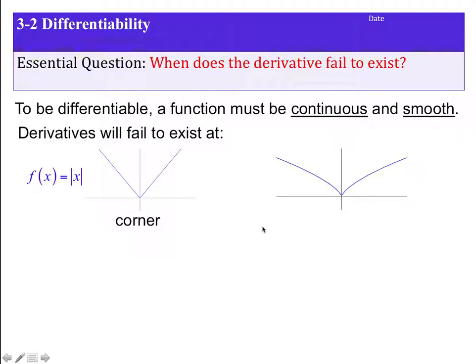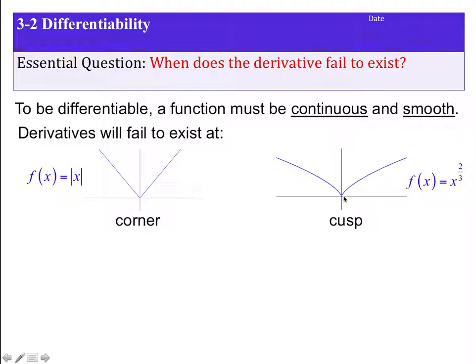Similarly, we also have functions that come together, but these functions aren't linear, they're curved. And a good example of that is a fractional exponent. If you think about this, this is the cubed root, because we have the 3 in the denominator, the cubed root of x squared. And it comes to a point when x is equal to 0 and then comes back up like this.